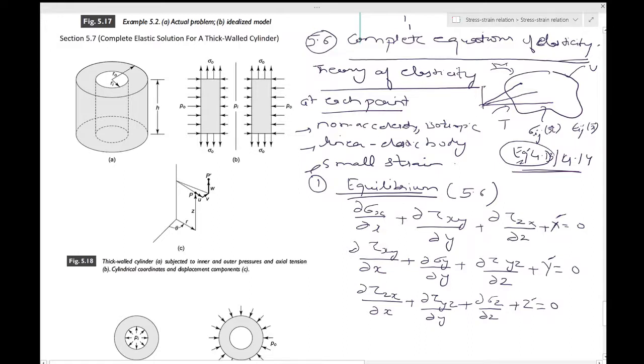So from now on, if we refer to equation 5.6, it would mean this, what is in front of you. Many times the force of gravity or other body forces are ignored. In that case, X, Y, and Z will be 0. If they are not, then you just assume them to be there. Because in the derivation, when we derived equation 4.13, we did not consider body forces.